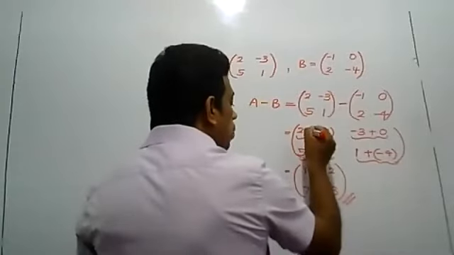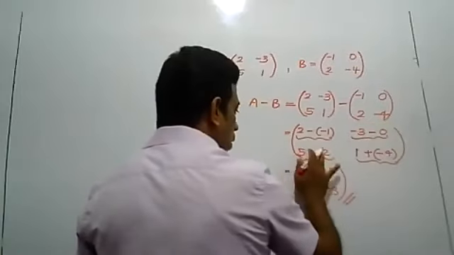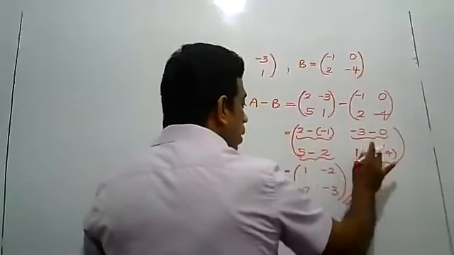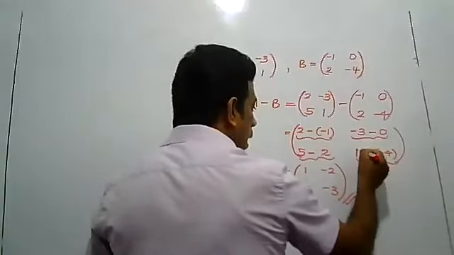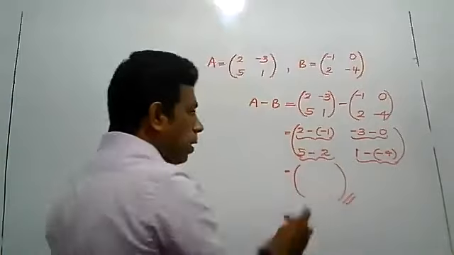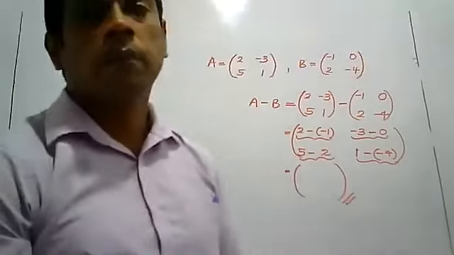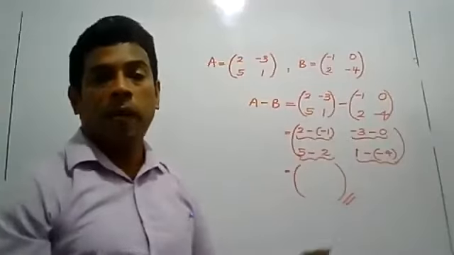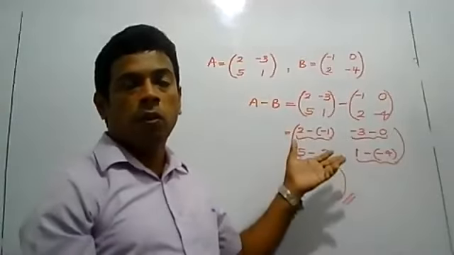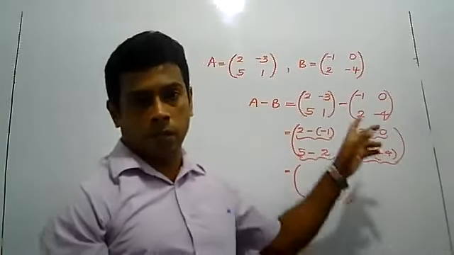Now, corresponding elements should be subtracted one by one. In the previous calculation, corresponding elements were added. Now they should be subtracted one by one. Now write the answer. Two matrices A and B, the corresponding elements of the two matrices should be subtracted.